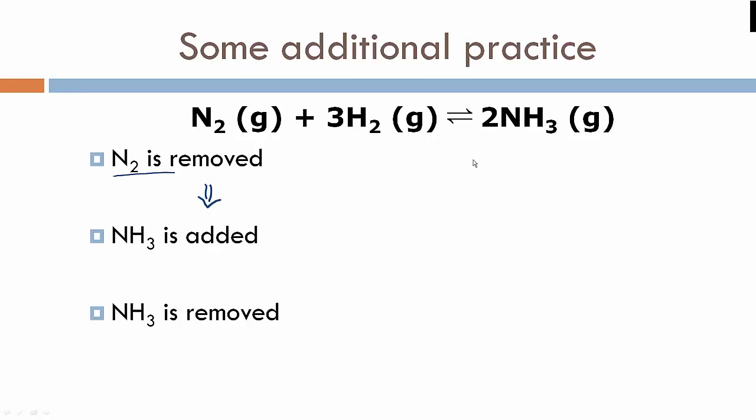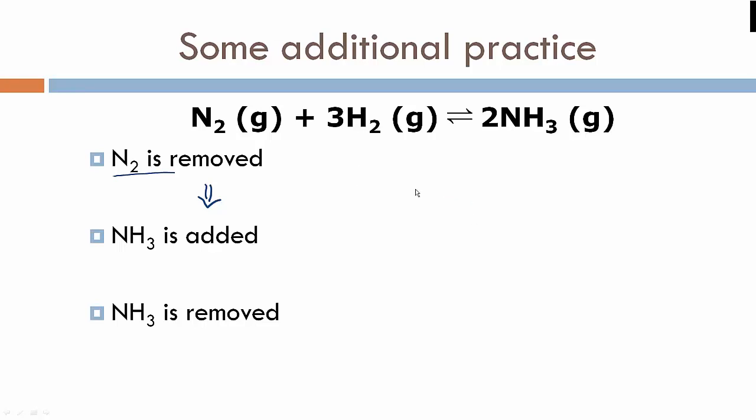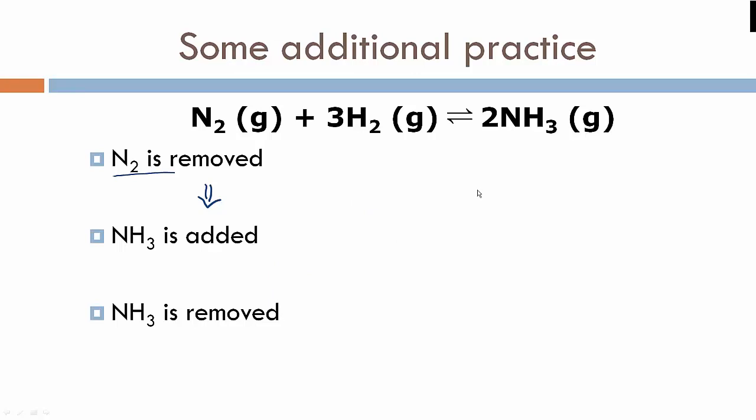That means the equilibrium shifts in this direction. The reaction shifts to the left to get back to equilibrium. If it goes to the left, then H2 has to go up and NH3 has to go down.